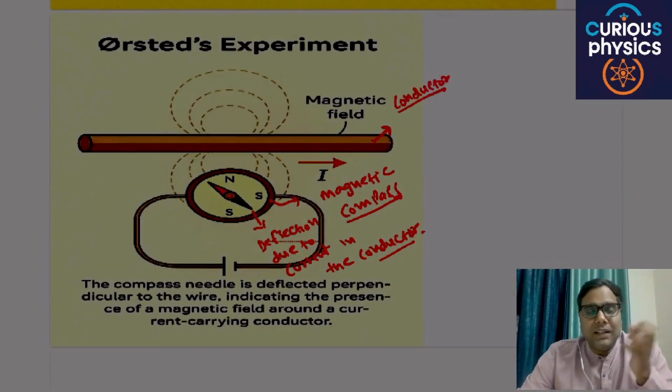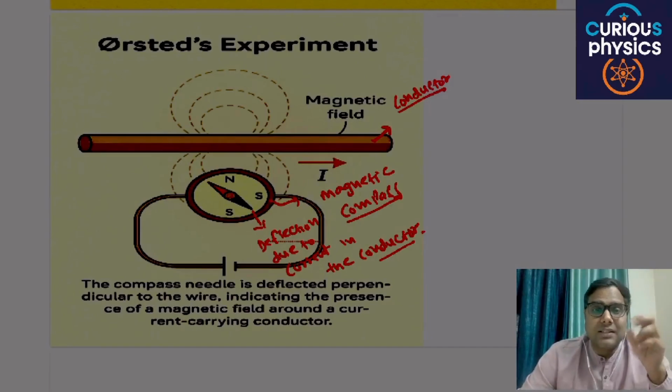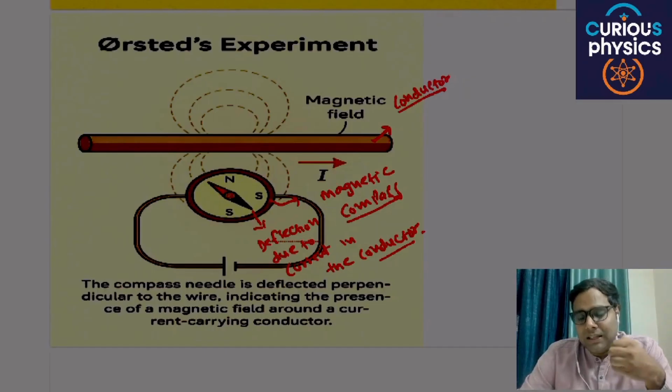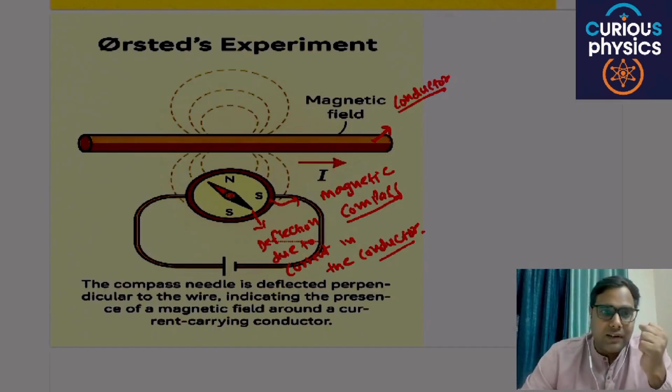When there is no current, the charges are at static condition, and static charges produce an electric field.